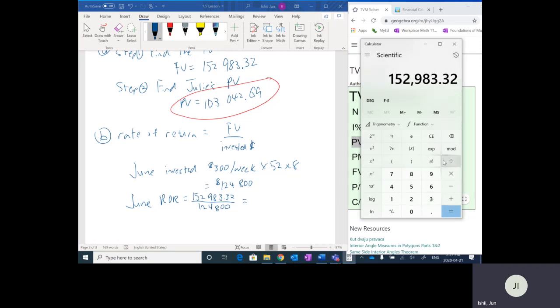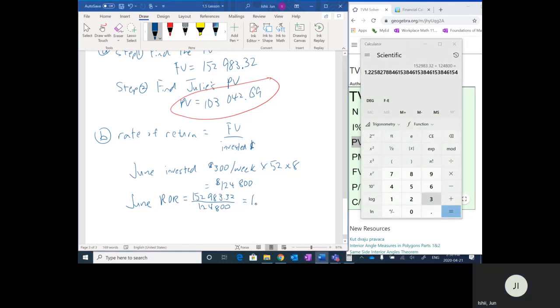So we get 1.22, let's just round it to 6 places. So the rate of return is actually going to equal 22.6%.